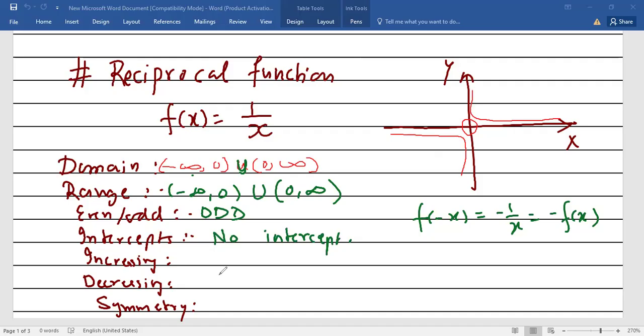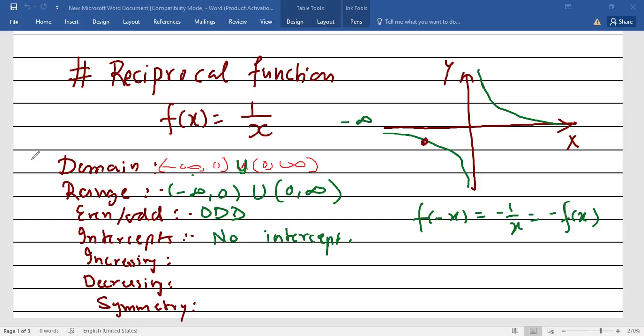Okay, now increasing or decreasing, tell me. Always look from the left hand side. So this function will be decreasing, right? Yes, it is always decreasing. From minus infinity to infinity, if you draw the slope, how will we understand?